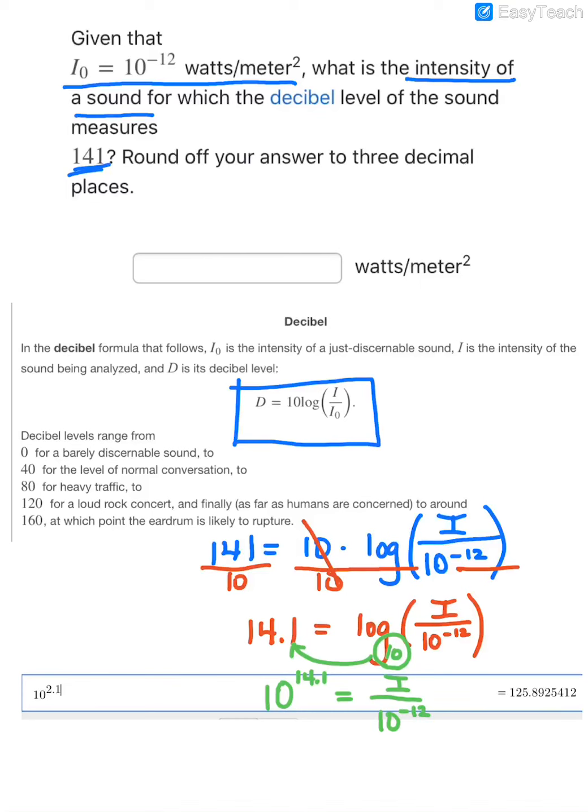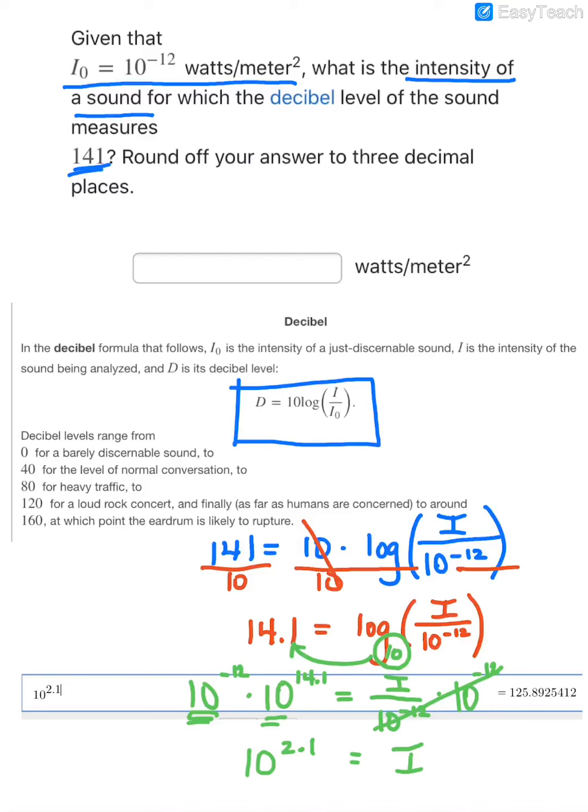So notice, in order to get I by itself, I am multiplying both sides by 10 to the negative 12. And so it cancels here. And whenever you have common bases, then you can simply add their powers. So negative 12 plus positive 14.1 would leave me with the power of positive 2.1.